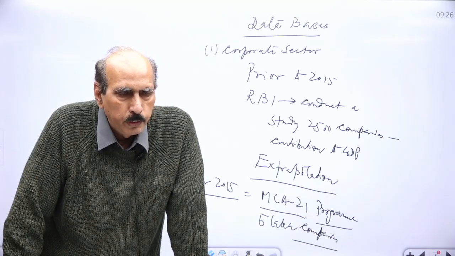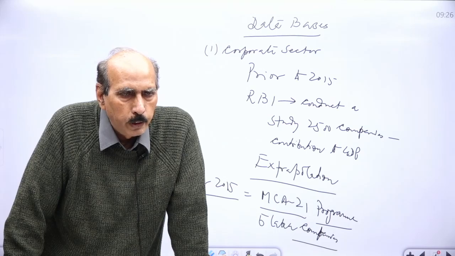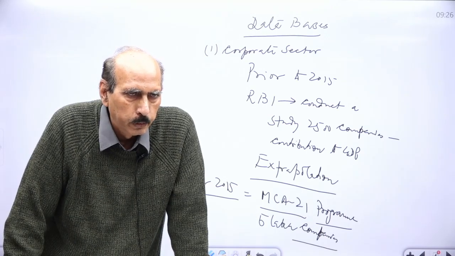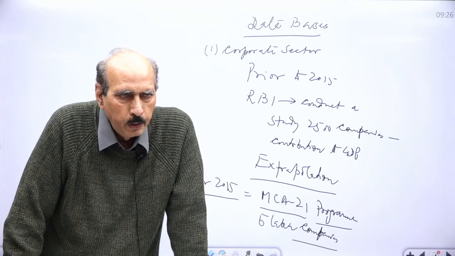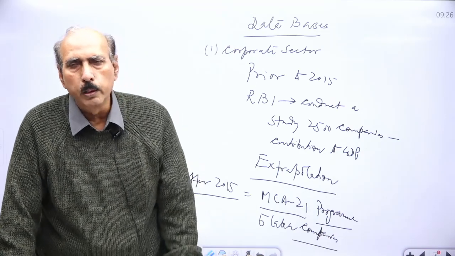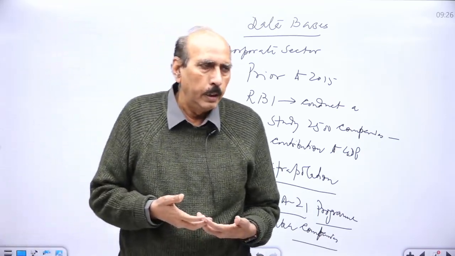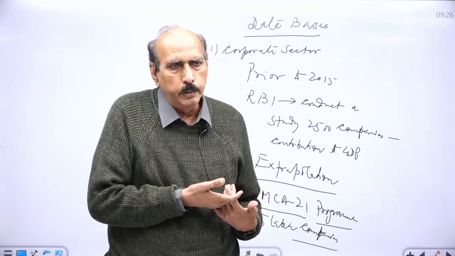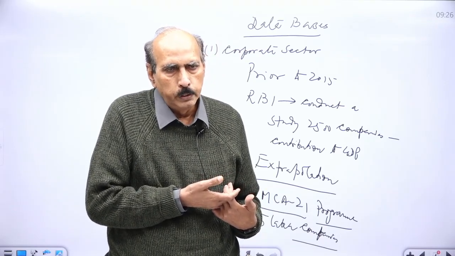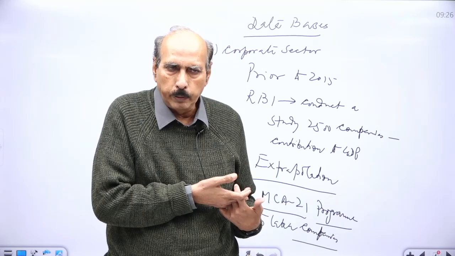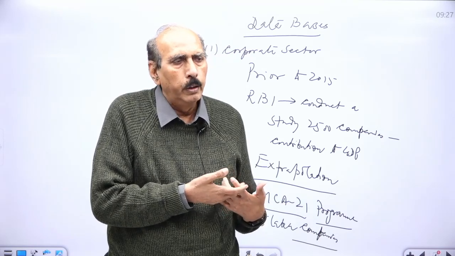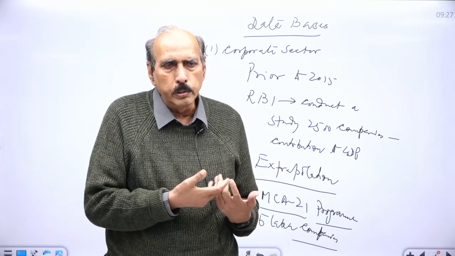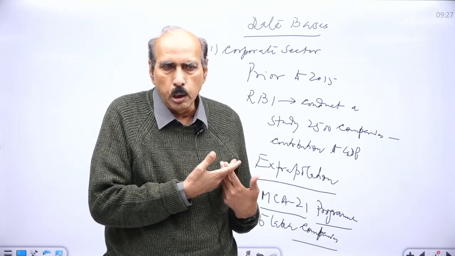The NSSO survey gives you the income bracket wise consumption expenditure of the households. Therefore, the household consumption expenditure as brought out by the NSSO 11-12 is counted in the 2015 estimate. Wherever the revision has been done, that is counted in the 2015.